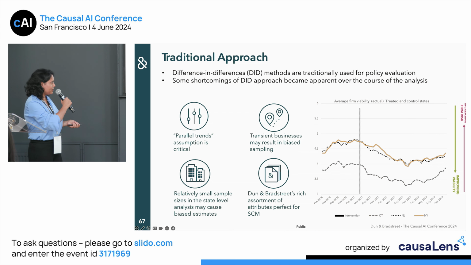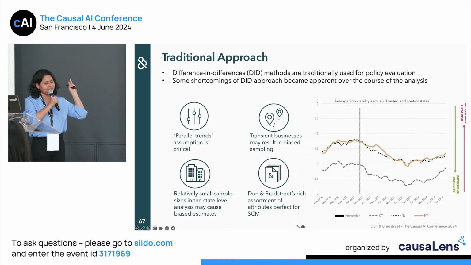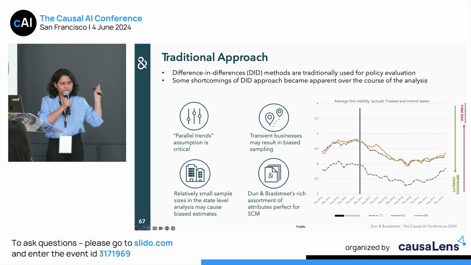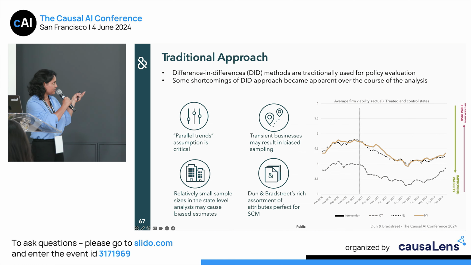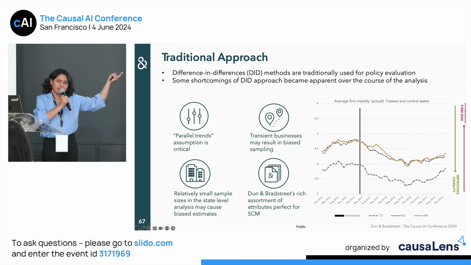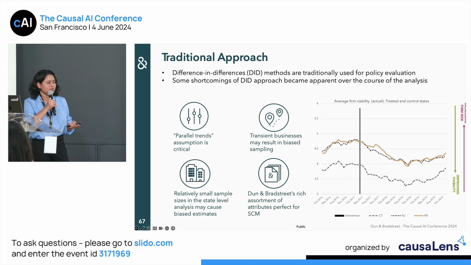Parallel trends is a must-have assumption for difference in differences. If you look at the charts, you see there is a parallel trend, but it was not automatic. We had to do a lot of sampling to come up with this.